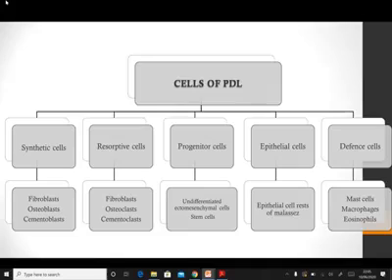These cells were the source of new cells within the PDL, and they also maintain the balance between the new and the old cells within the periodontal ligament, because there is apoptosis going on within the periodontal ligament as well, which helps in the maintenance of the new and the old cells.